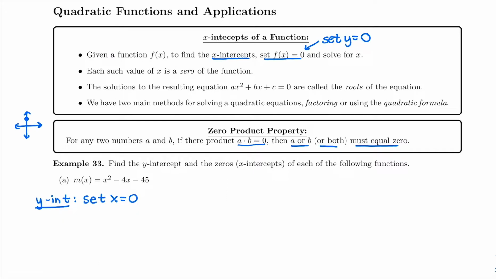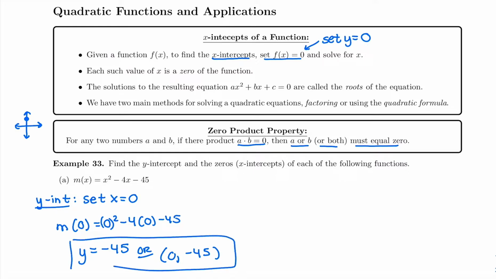So we're going to set x equal to 0, and we're just going to plug in m of 0, which would be 0 squared minus 4 times 0 minus 45. So our y-intercept would be negative 45, or as a point, x is 0, y is negative 45. There's our y-intercept. That one's the faster one.